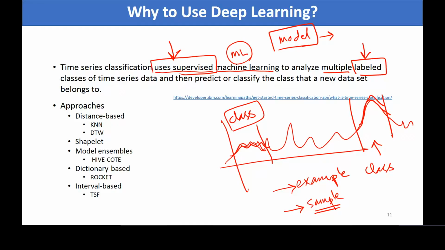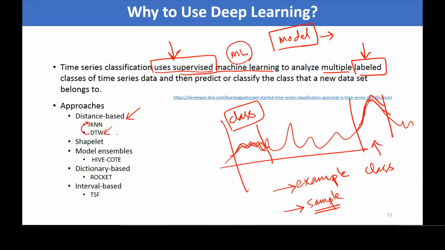So the approaches for machine learning in classifying time series, there are many of them. It can be distance-based, using, for example, the k nearest neighbor algorithm. This is one machine learning algorithm. Another distance-based algorithm is called dynamic time warping, which is used with this KNN algorithm.